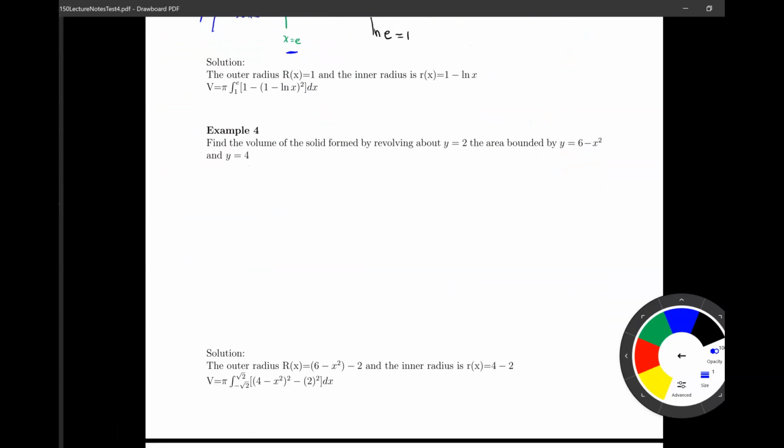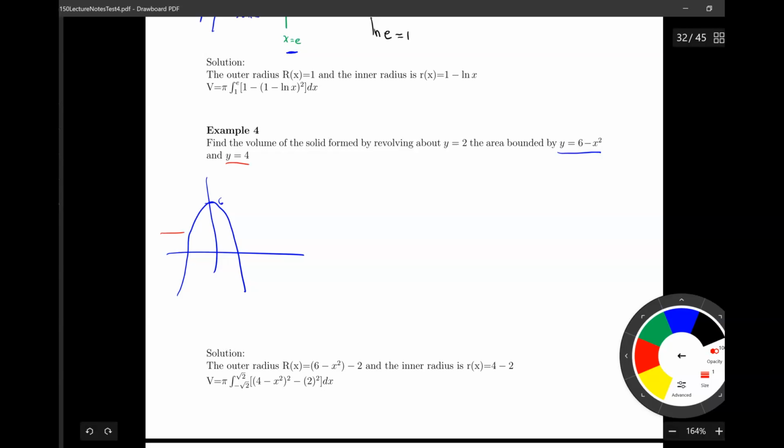All right, let's look at this next one. So here I have y equals 6 minus x squared. So 6 minus x squared is shifted up by 6, parabola here. And y equals 4 is a horizontal line, like here. Okay. And I'm revolving it about y equals 2.